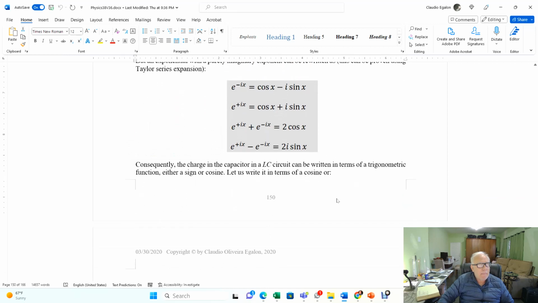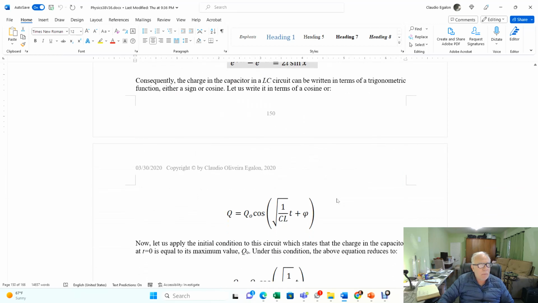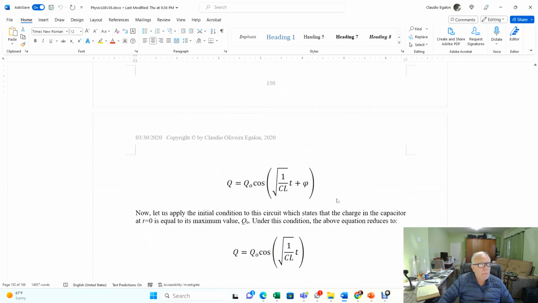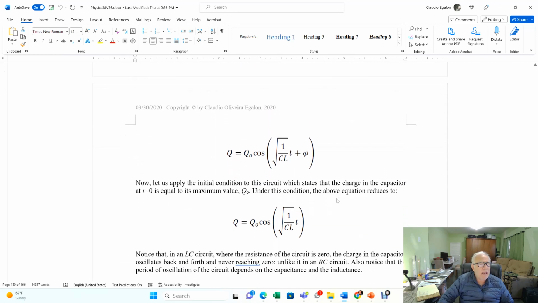Okay, and then when you substitute just for cosine and add a phase term here, we find out that the phase term for the cosine is going to be 0. Okay, and don't forget it is at t equal to 0.